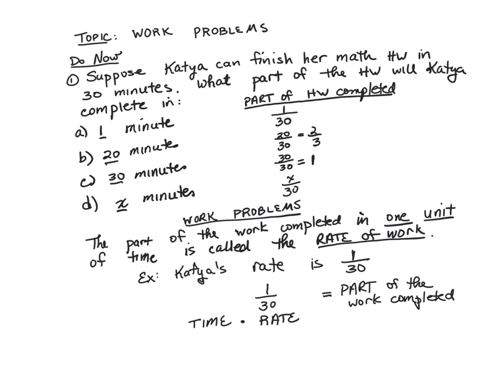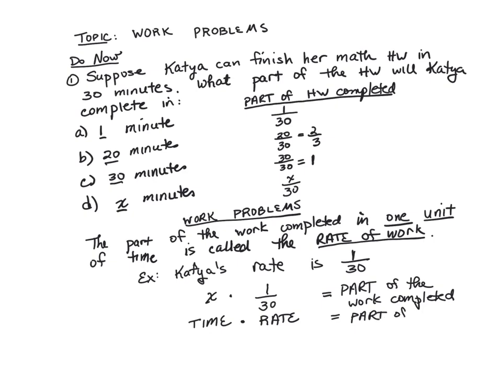We multiplied the time, which is a number. So let's say she worked for X minutes, so that the part of the work completed was X times 1/30 or X/30, if X represents any number of minutes between 0 and 30.